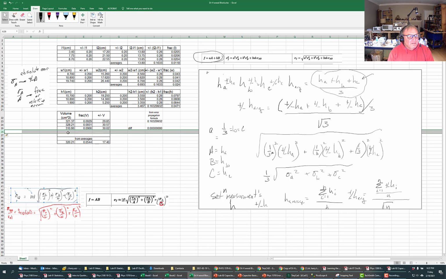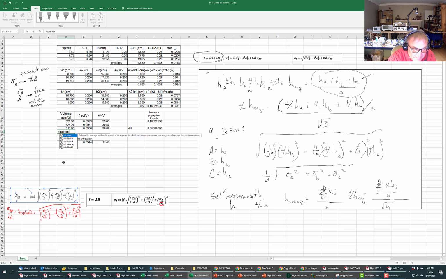So let's go ahead and take the average of these three guys. So it's not a lot different than this one down below. And now we can take the average of those three.